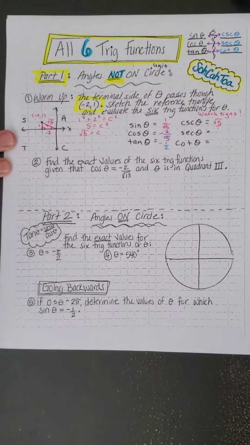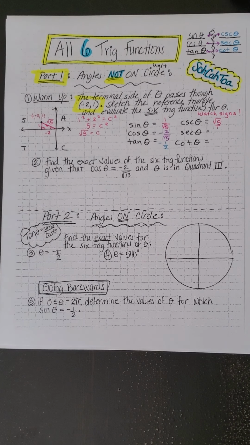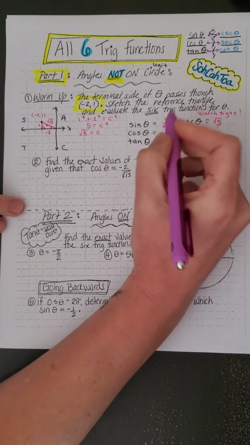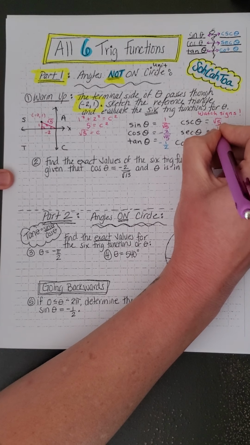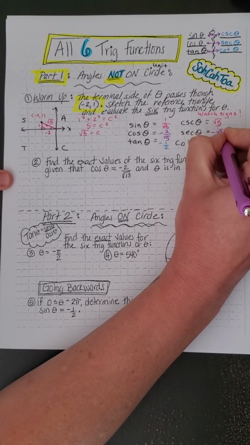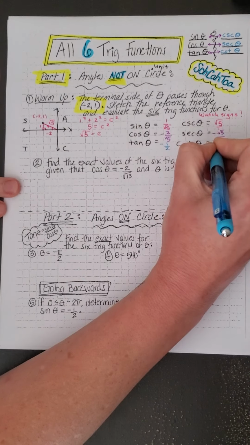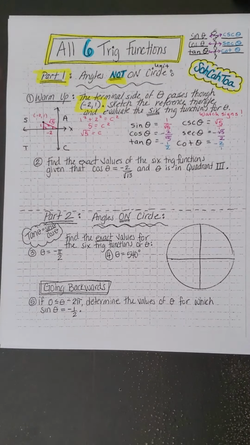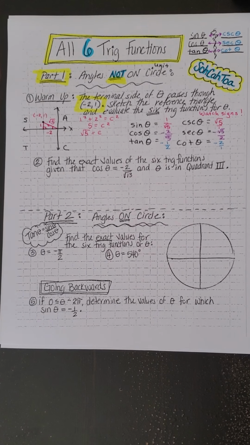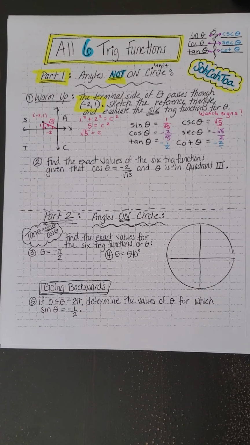You don't have to put the over 1, but I'll show it just so that you can see that it's the reciprocal. And the reciprocal of cosine would be negative square root 5 over 2. And the reciprocal of tangent would be negative 2 over 1. And there we go.